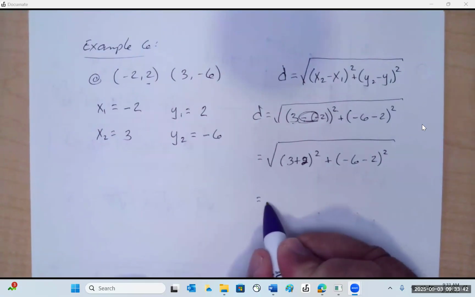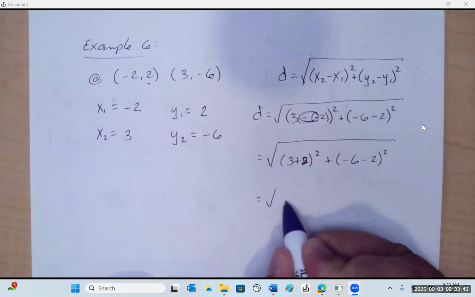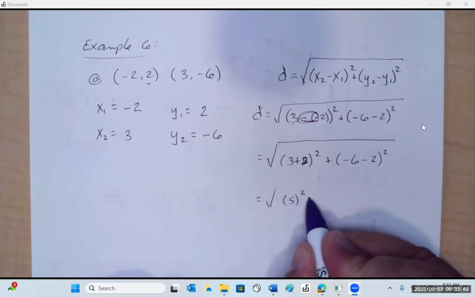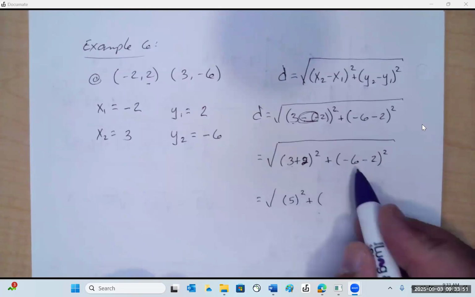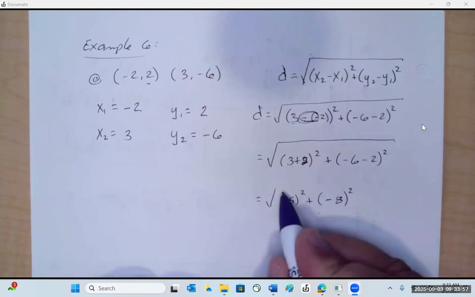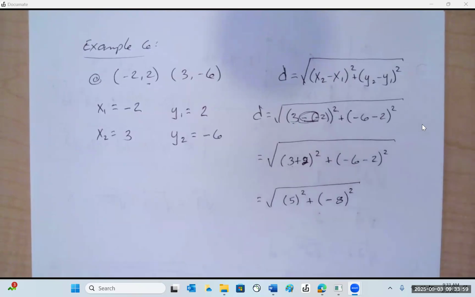Now I do inside the parentheses. 3 plus 2 is 5. -6 minus 2 is -8, squared. And we'll go over that rule next.